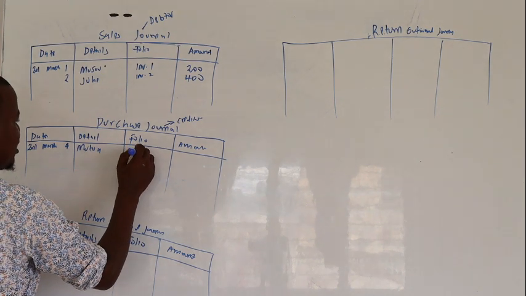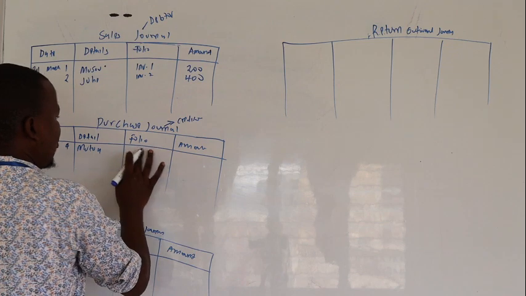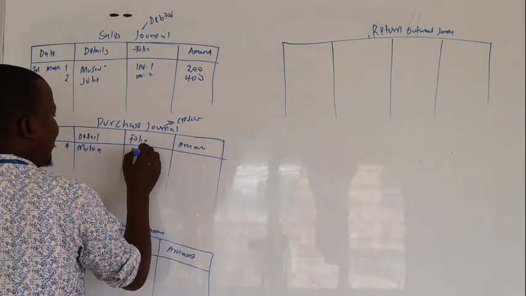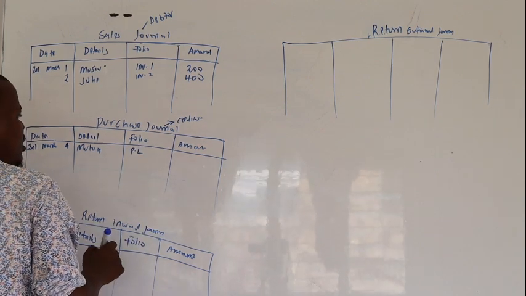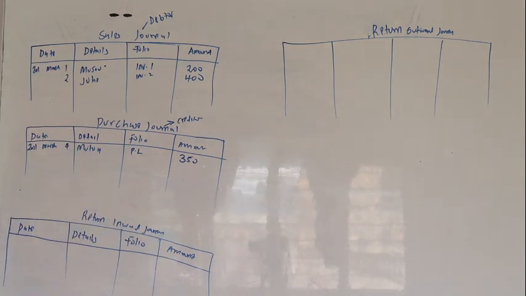Mutua might be in the invoice number. We can also use the ledger. It's found in the purchase ledger. And he sold us amounting to 350.